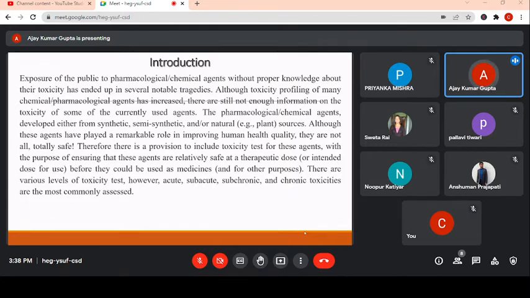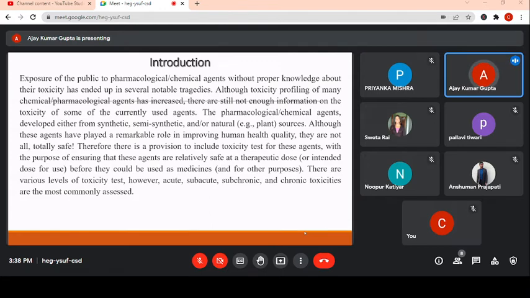Therefore, there is a provision to include toxicity tests for these agents with the purpose of ensuring that they are relatively safe at a therapeutic or intended dose before they could be used as a medicine or for any other purposes like food or additive to the food, etc. There are various levels of toxicity tests.